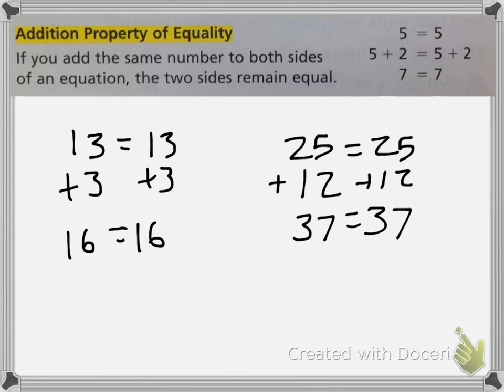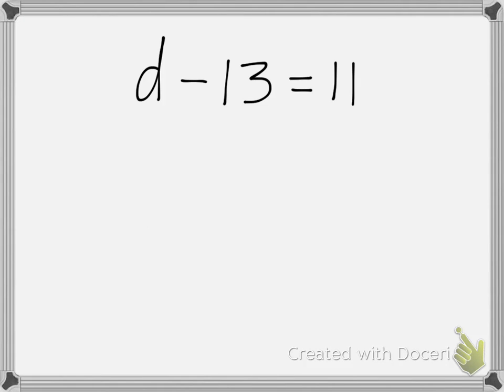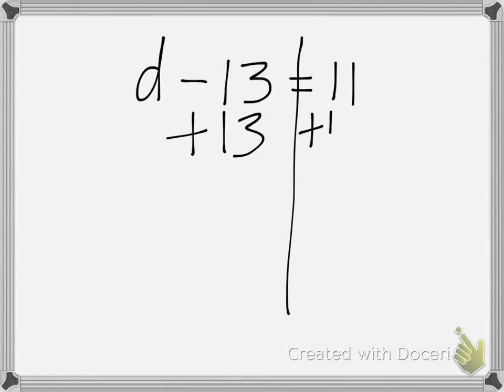So now we're going to be doing the same thing we did with addition equations with subtraction equations, just using the other property. So the steps are exactly the same. Draw a line straight down through the equal sign. You find the variable and you figure out what's being done. In this case, we're subtracting, so we're going to do the adding, do the opposite. Whatever you do to one side of the variable, do to the other, plus 13.